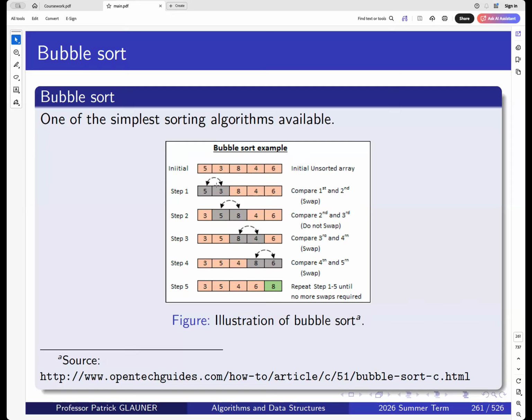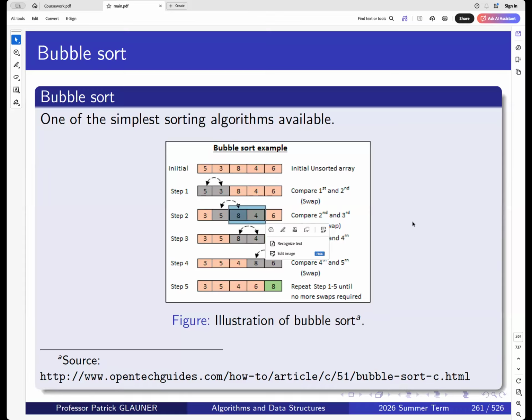Then I go through from the left to the right and I compare the first to the second element and I swap them if necessary. They get swapped because 3 is less than 5. So 3, 5. Then the bubble sort compares the second to the third entry and swaps them if necessary. Here it's not necessary because 5 is less than 8.